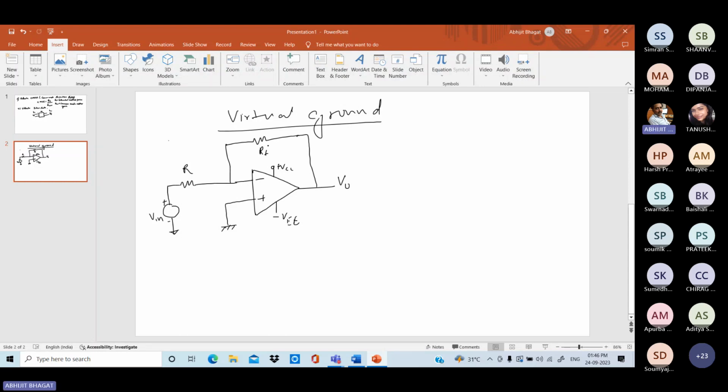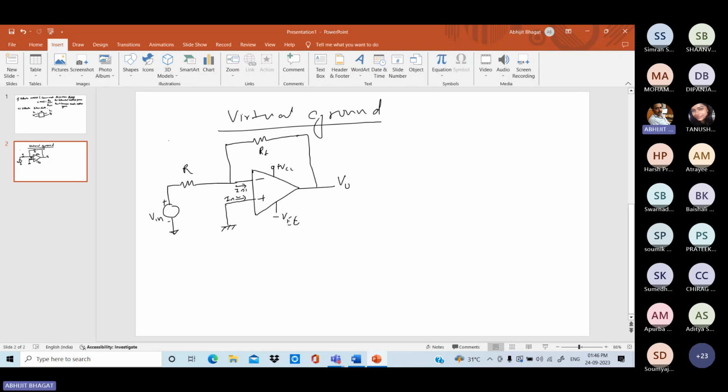Now see here, this is the negative terminal. Suppose the current going inside this terminal is IB1, and this terminal's current is IB2.